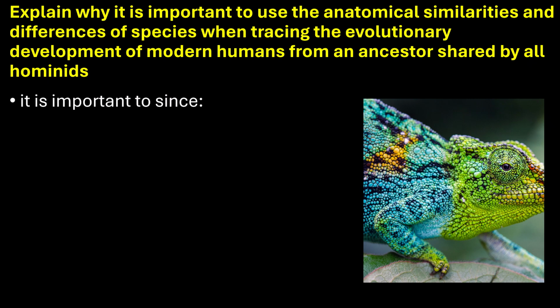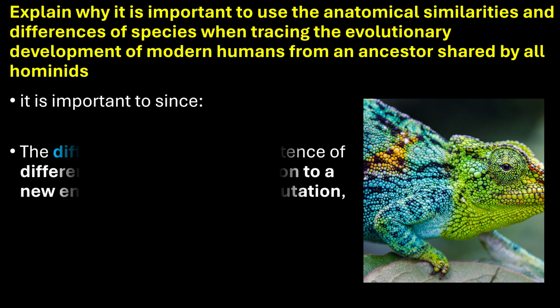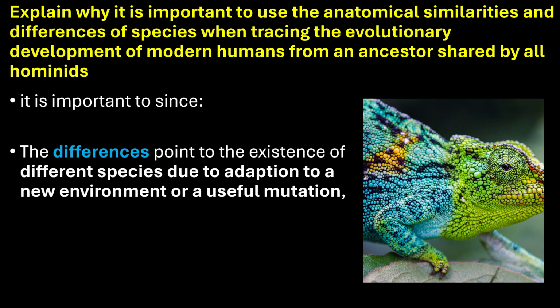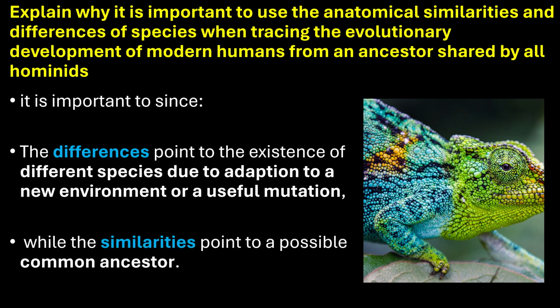It is because, one, the differences point to the existence of different species due to adaptation to a new environment or maybe a useful mutation occurred. The similarities suggest that the organisms share a common ancestor.